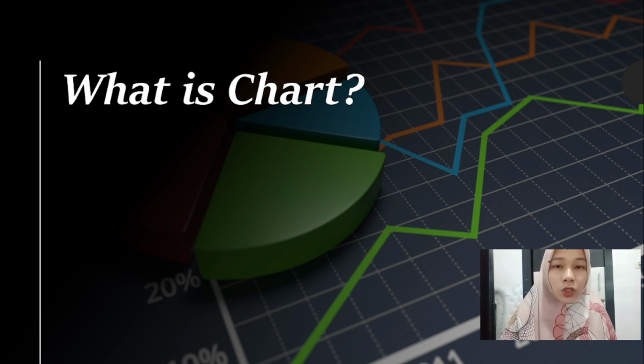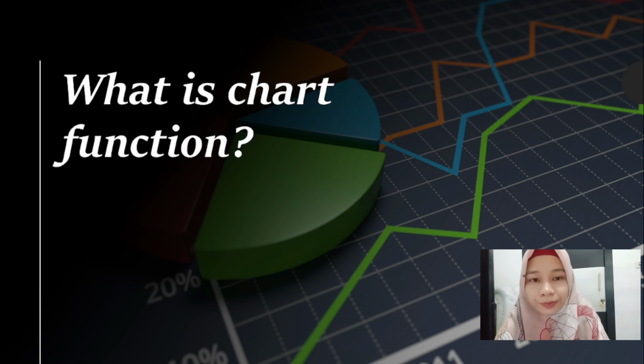The information could be like sales, or student scores, or even the results of our research data, like questionnaire data. The information in a chart depends on the person who creates the chart itself.